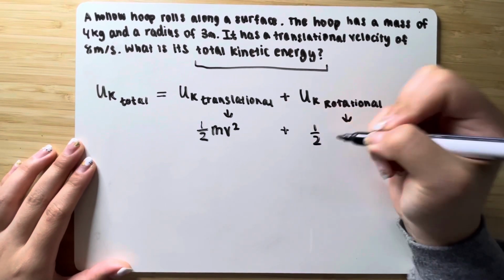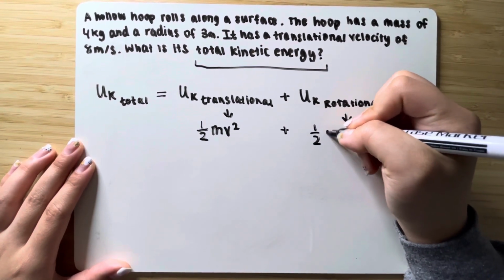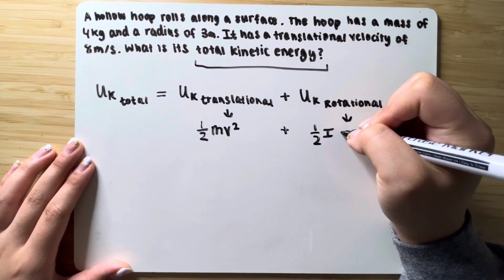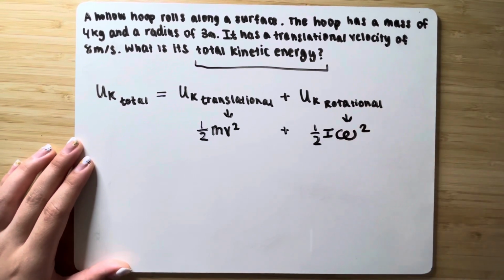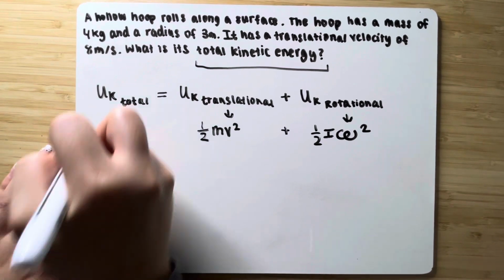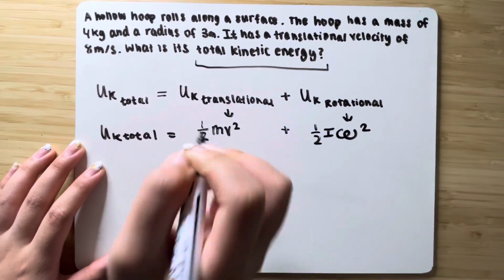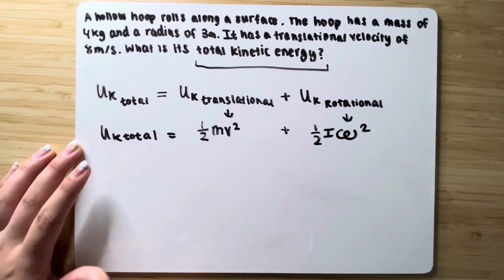So it's going to be 1/2, instead of mass we're using inertia, times instead of velocity, we're using angular velocity, omega squared. Okay, so U k total, these two are the same thing.